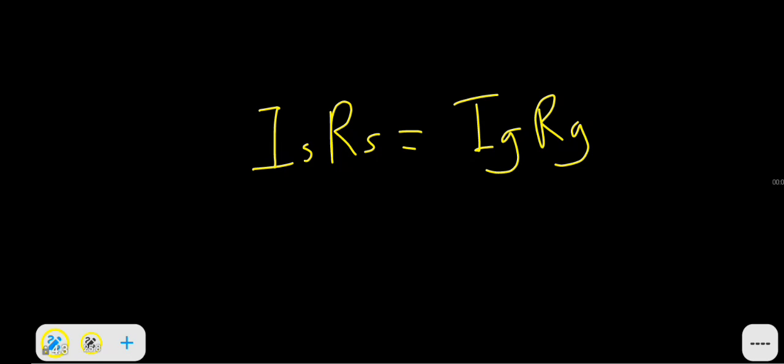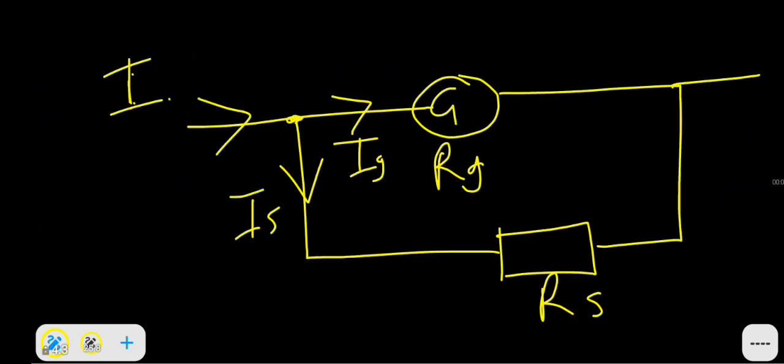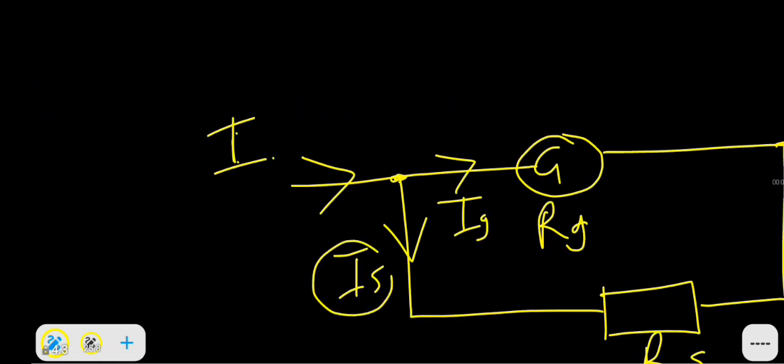It's very, very simple. But take note of this Is. It might not be given in the question. It is not the main current. It's not the ammeter reading. What you have here is ordinary I. It is this I that splits into two parts to get Ig and Is.